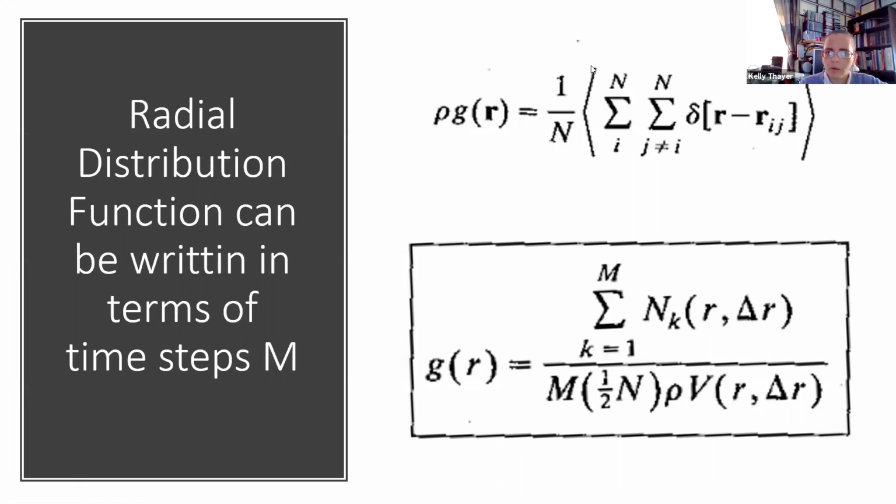And so what we may wish to look at is a version of the radial distribution function which is in fact going to calculate the number of particles as a function of the time steps. That is, this will be the time dependent version of this. And so what we can see is that we may get a different answer over time.